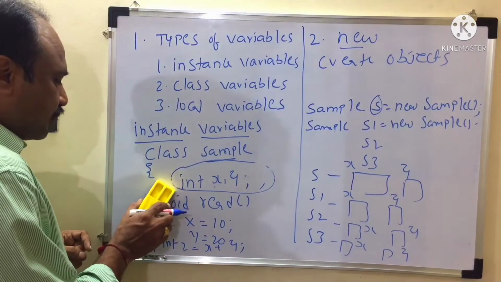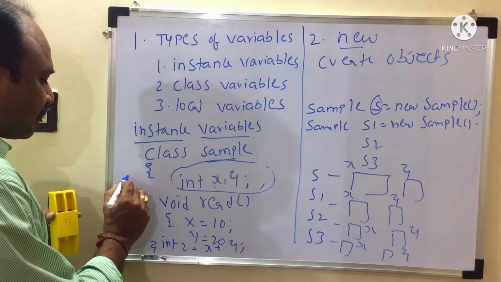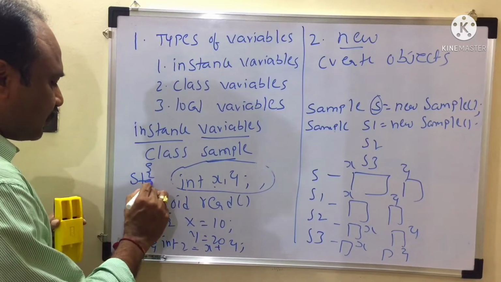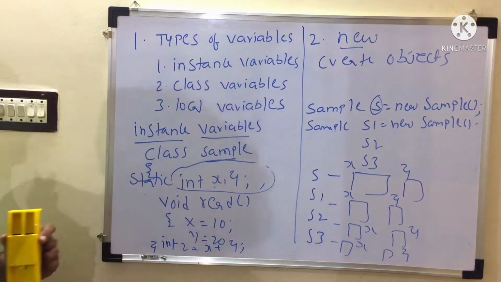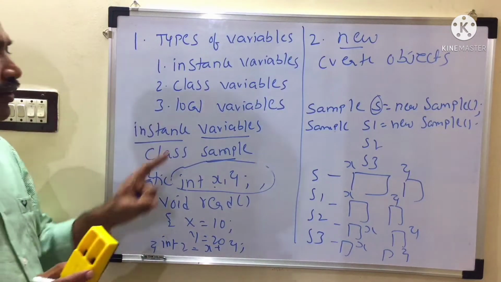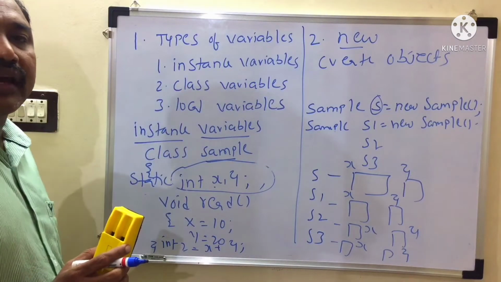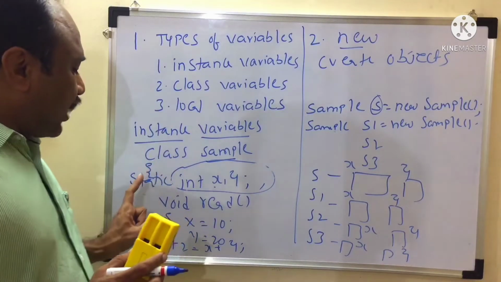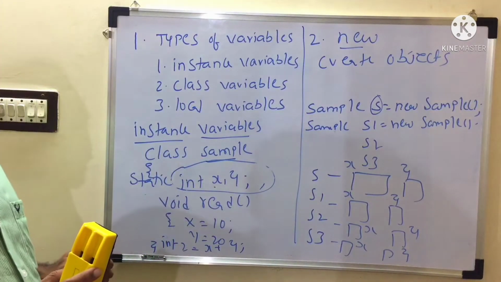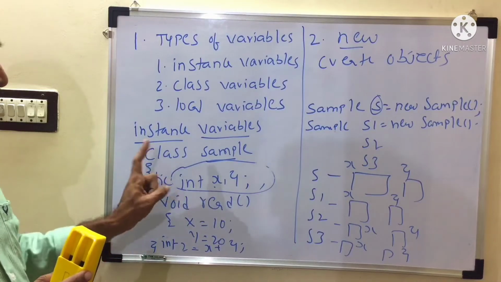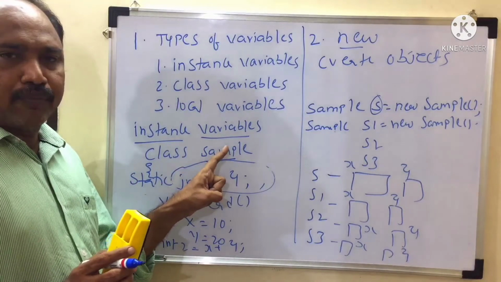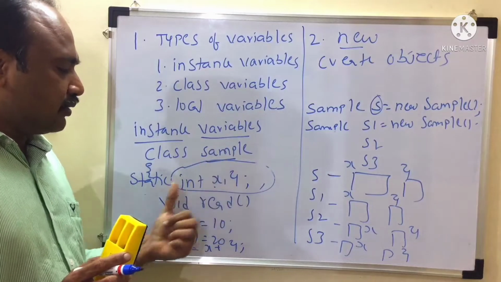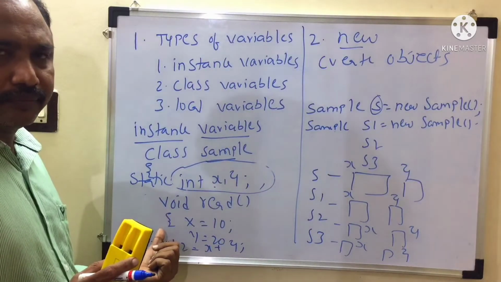Second one, class variables. What is the procedure of declaring class variables? If you use static, they come under the category of class variables. Why are static variables referred to as class variables? Again, I have class sample. The class contains variables and methods.